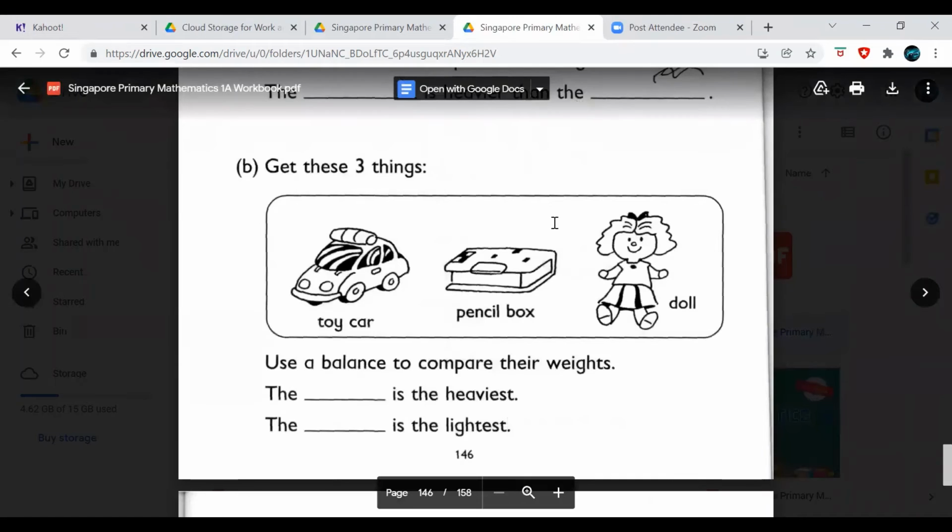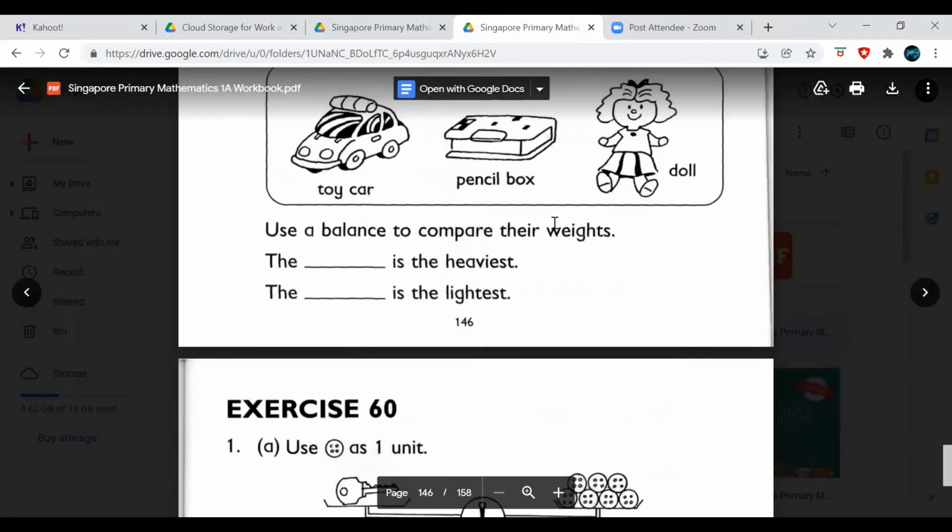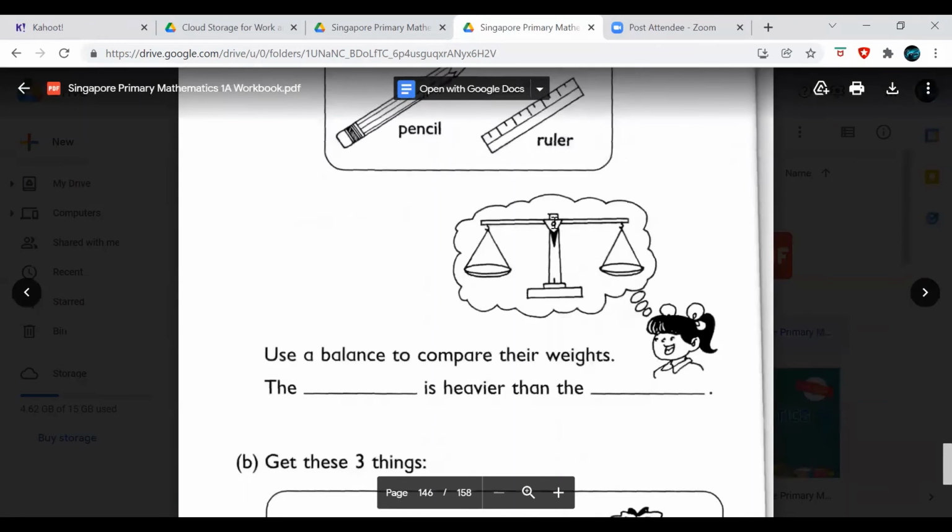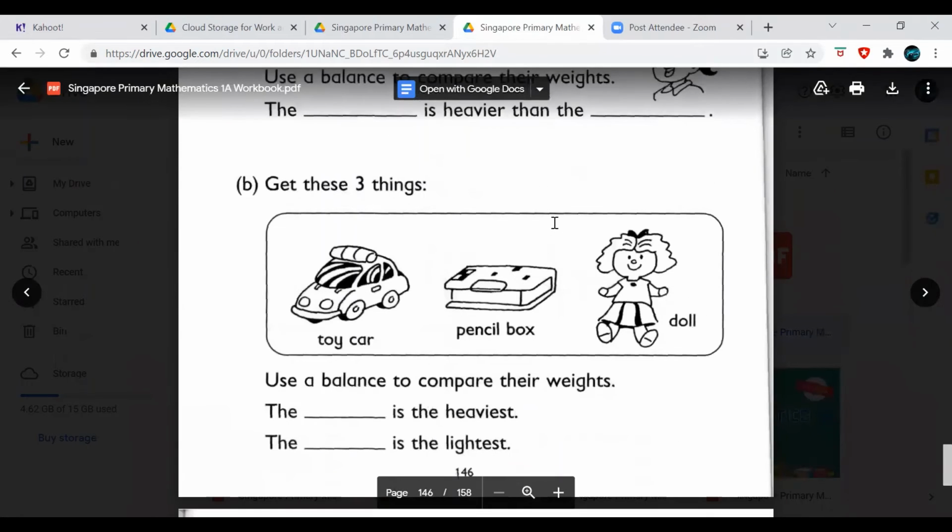Get these three things: toy car, pencil box, and a doll. Use a balance to compare their weights. Again, we don't really have a balance or a toy car or a pencil box or a doll. So for the time being, just like this one right here, try and make your best guess. Which one is the heaviest and which one is the lightest? The heaviest is the pencil box.